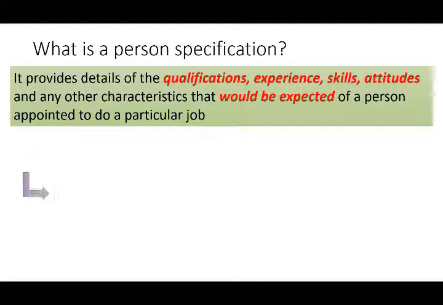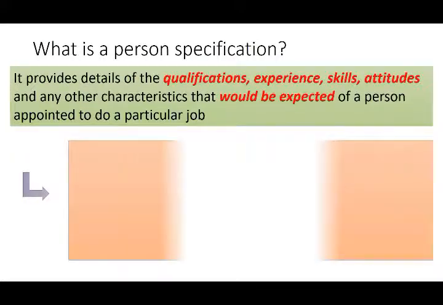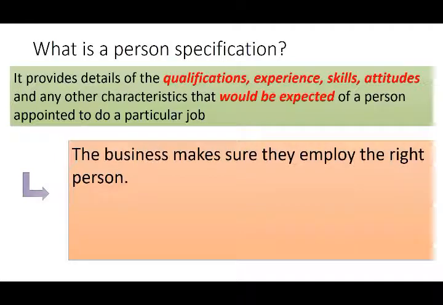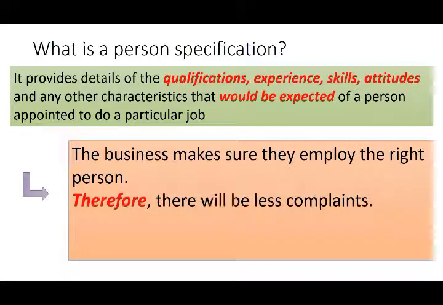So, one advantage of using a person specification: if your candidates know what you're expecting from them, then the business makes sure that they employ the right person. Therefore, if a business employs the right person, there will be fewer complaints because that person will be able to do a job properly.